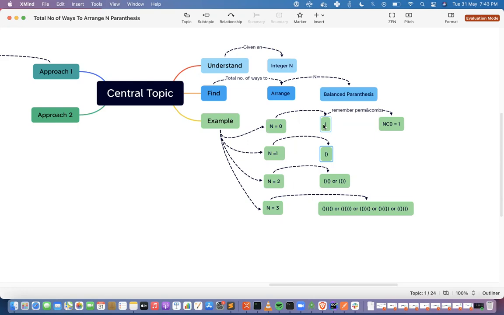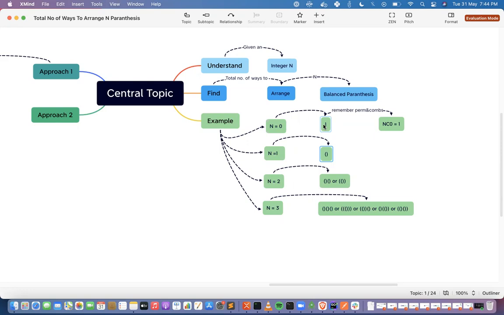So if you see from the given examples, if the number is 0, you're getting 1. If the number is 1, you're getting one balanced parenthesis. And if the number is 2, you're getting two balanced parentheses, and so on. So till here, it's following the Catalan sequence. For n equals 0 and n equals 1, the values are 1 and 1.